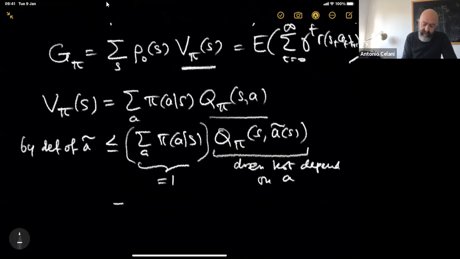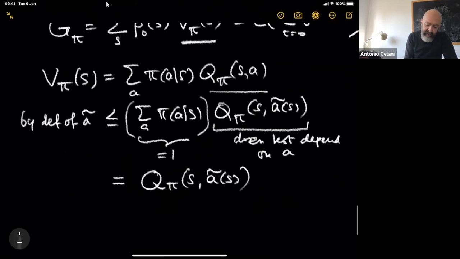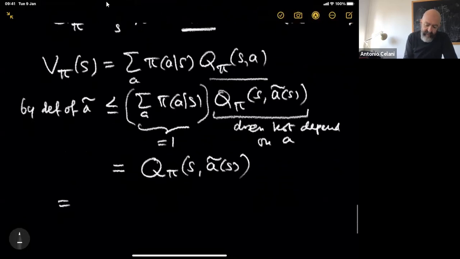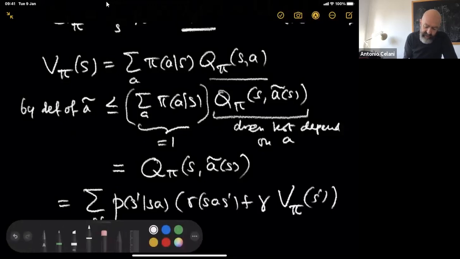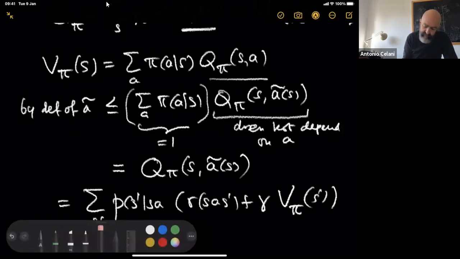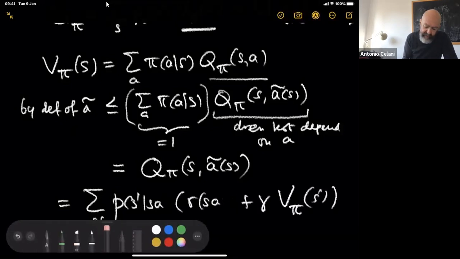So my sum reduces just to A tilde of S. And then I can use the definition of Q pi, which is just the sum over new states S prime of P of S prime given S, A, and then I have, where here I have, instead of these A's in general, my A tilde of S.